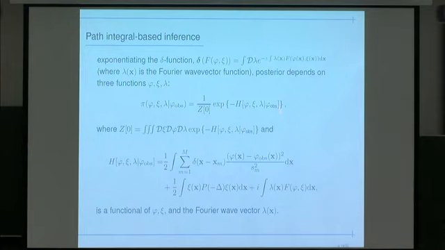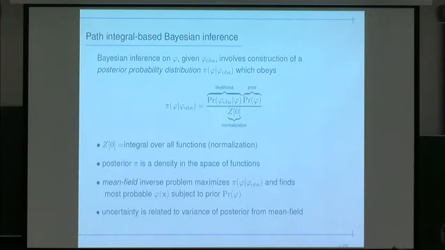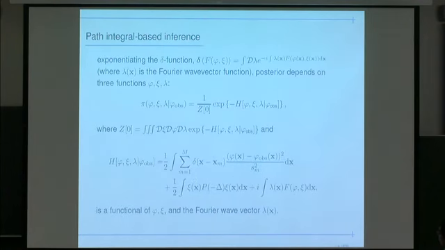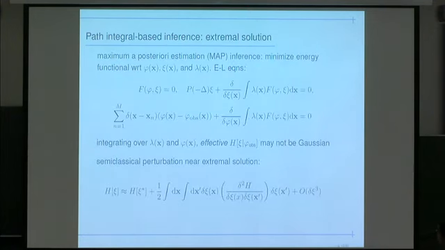Okay, and now the normalization is this functional integral over all three variables. So the H is now this, when I decompose it like that. Okay, so the mean field, what I call mean field, will be essentially minimizing that H.